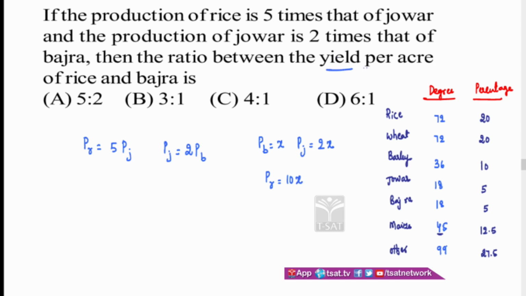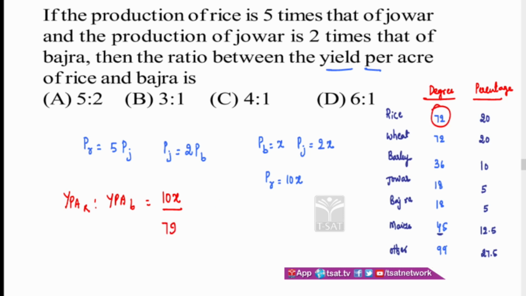Yield per acre means how much production is there divided by the number of acres. Now it is asking you yield per acre for rice to yield per acre for bajra. How much rice production is there? 10x, rice produced by using how many degrees of land? 72 degrees of land.